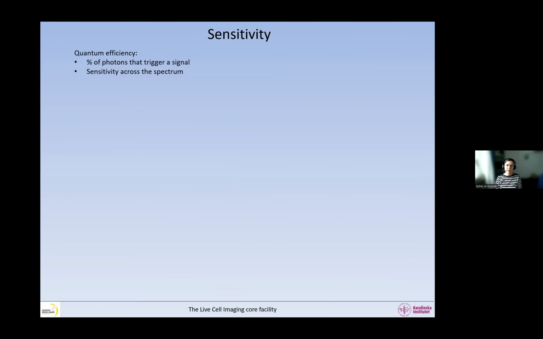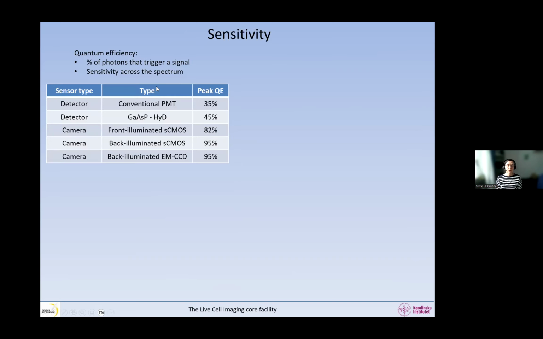And the sensitivity of the sensor differs across the spectrum, and also for different machines. So I will show you afterwards what happens in the spectrum, the peak quantum efficiency, of a detector in a single point confocal, if it's a conventional PMT. I've told you at the beginning that detectors are of different types, and cameras are also of different types.